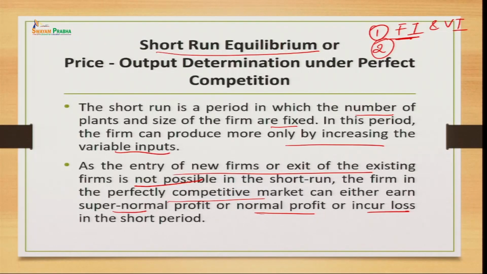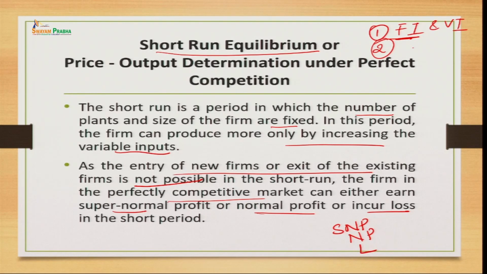The firms which are working in this particular zone of the short run can have three categories of margin: supernormal profit, which is one thing you need to understand, then they can also earn normal profit, and there are firms which can incur a loss.